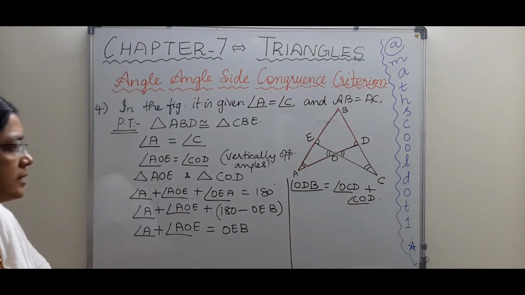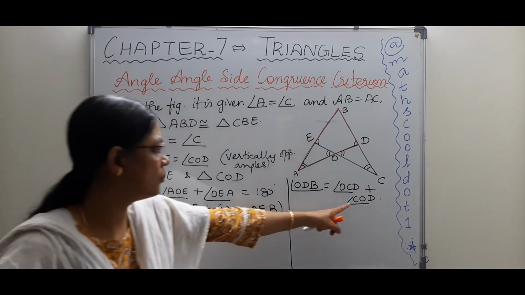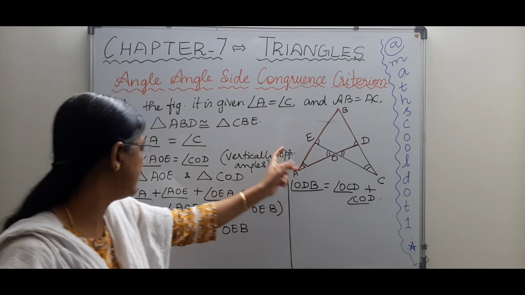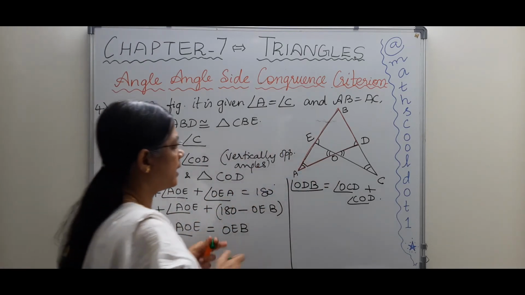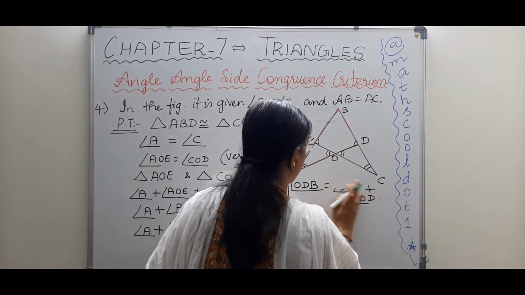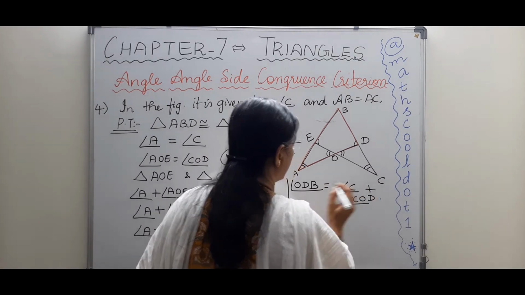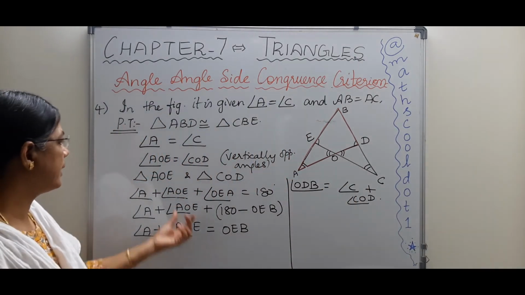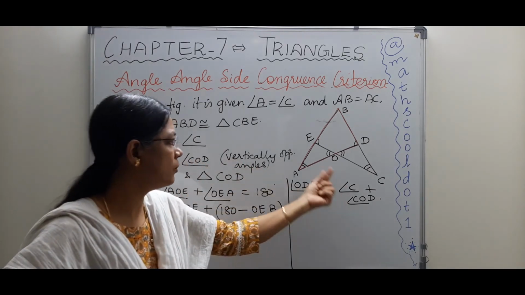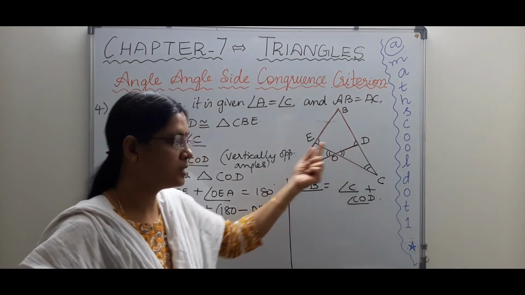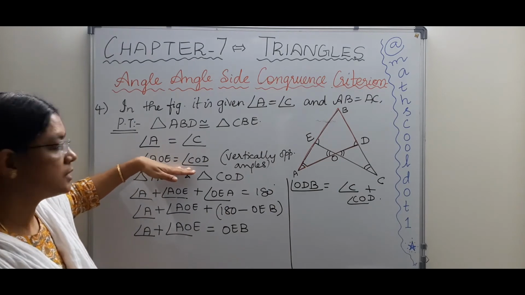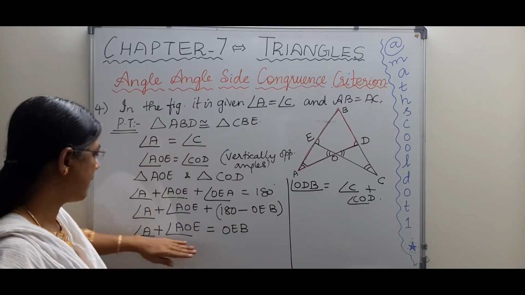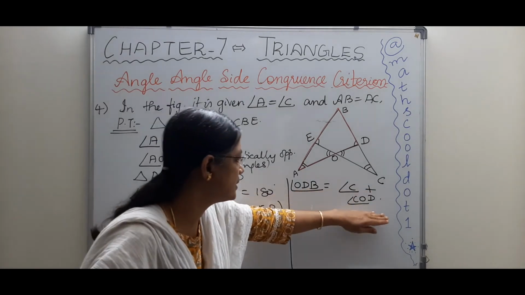Angle OCD plus angle COD. Okay. So now we have angle OAE, that is angle A, and this OCD is nothing but angle C here, right? Angle C here. Now we have seen angle AOE is equal to COD.